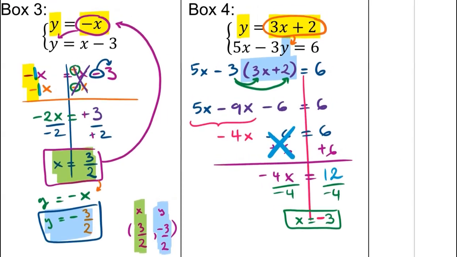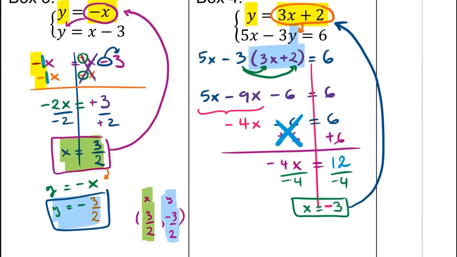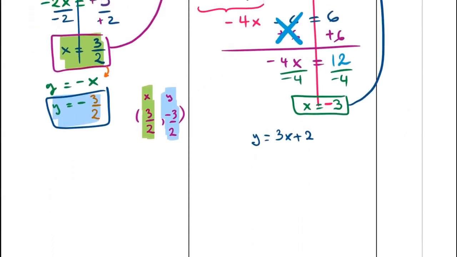Alright, so then it's still not done yet, right? We still have to plug this into the original problem. So I'm going to rewrite it down here, y equals 3x plus 2. Okay, we know our x is negative 3, so we plug in negative 3 for x and bring down the rest. y equals 3 times negative 3 plus 2, and we're going to solve it through. 3 times negative 3 is negative 9, plus 2, and bring down the y.